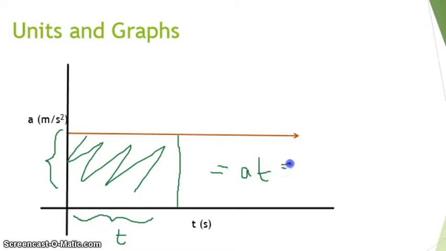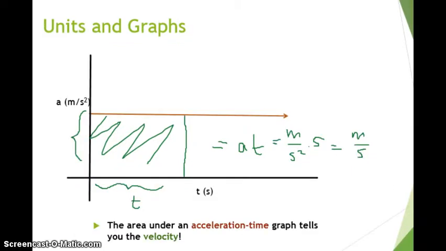That's going to be meters per second squared times seconds. What does meters per second squared times seconds give you? Said it myself. Meters per second. The area under an acceleration time graph tells you the velocity. The longer you go, the more you accelerate, the faster you're going.